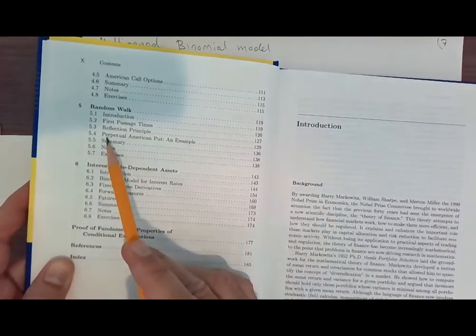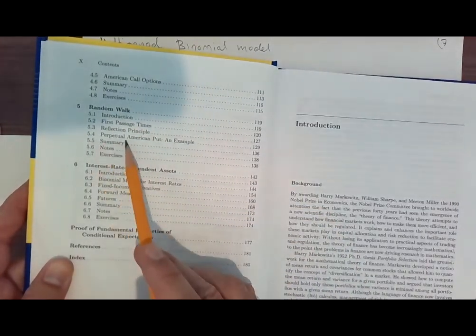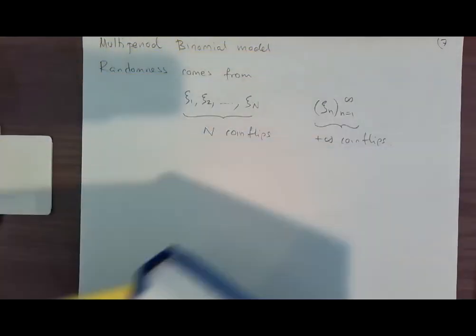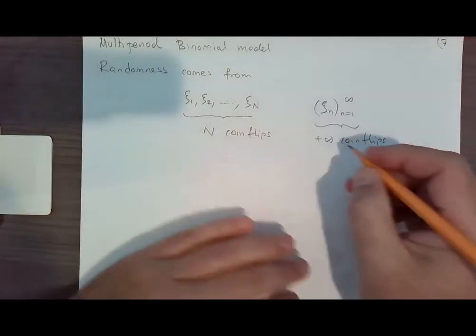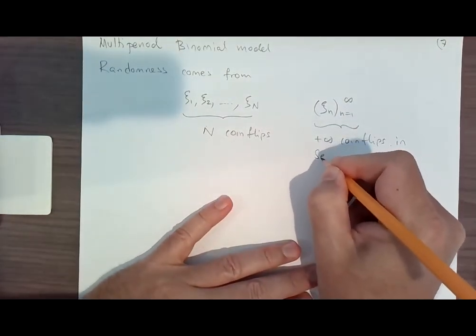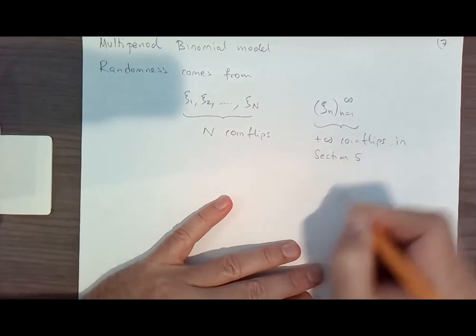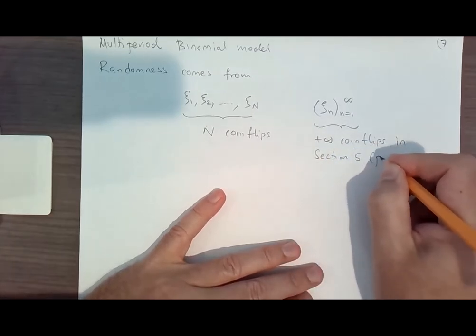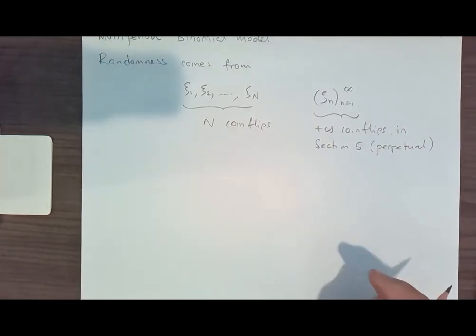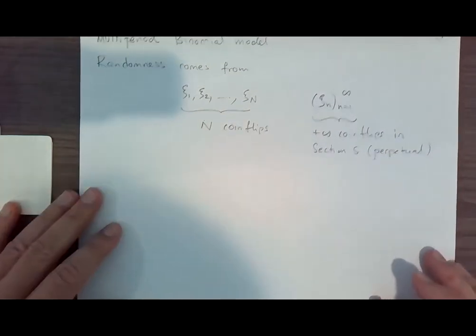You can see there's a word that's called perpetual. Perpetual means infinite. This is the word perpetual in section 5. So this is going to come towards the end of the course if we get that far.